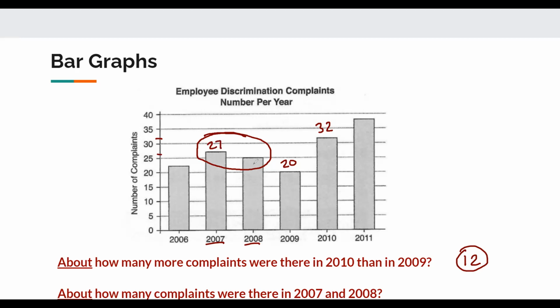And 2008 appears to be exactly 25. We add 27 and 25. 27 plus 25 is 52. There were 52 complaints between those 2 years. So sometimes you will have to add your estimates for the height of different bars.